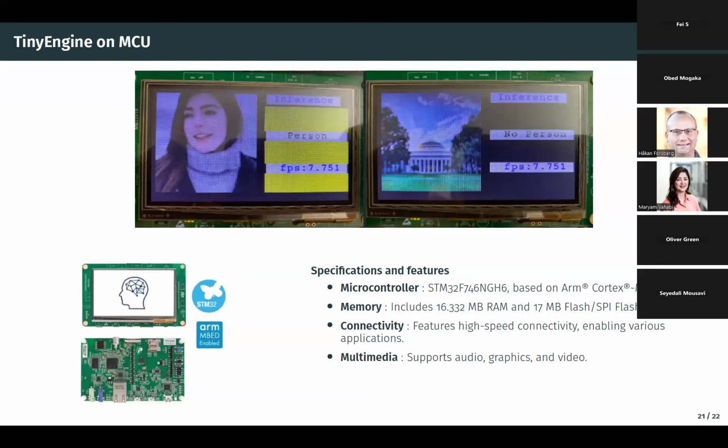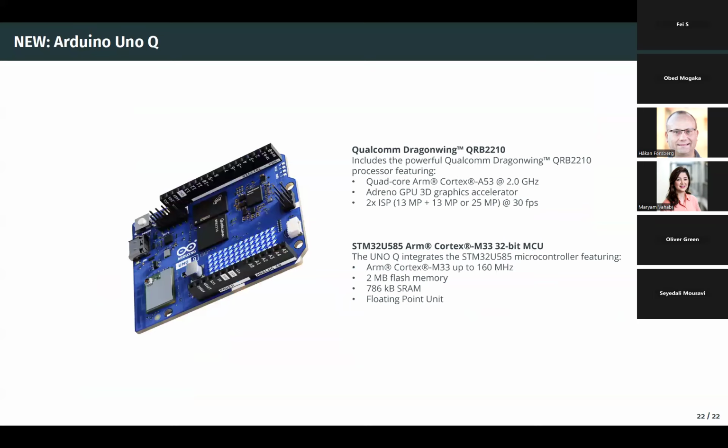This is object or person detection running on this board. You can have small devices like this running object detection and maybe person detection. The other one that is new is an Arduino board that has more of a microprocessor on chip along with a microcontroller.